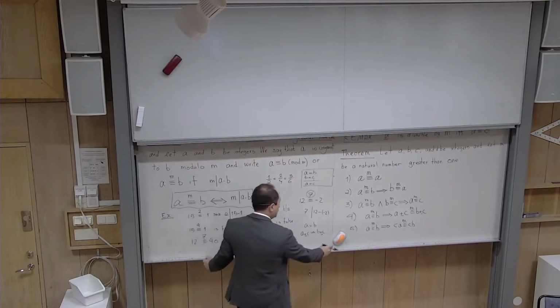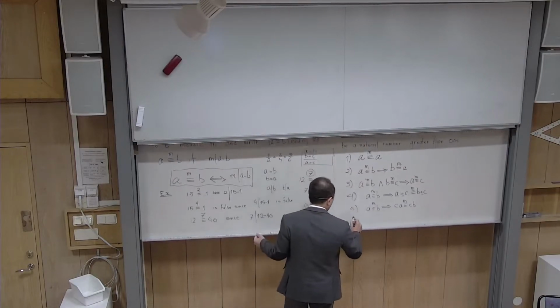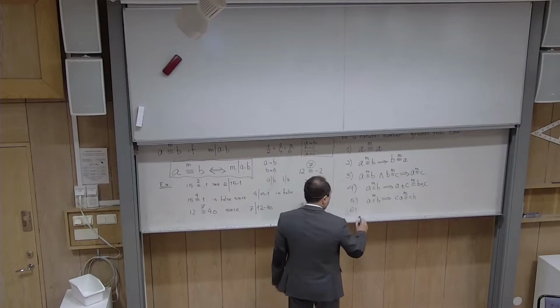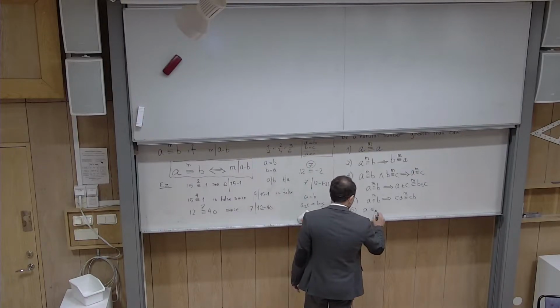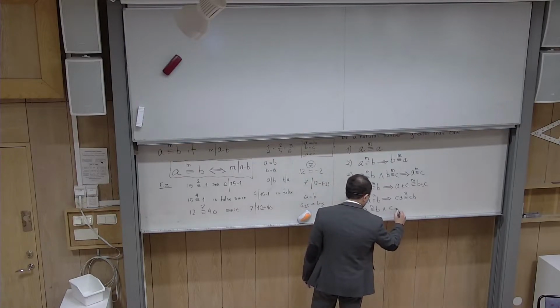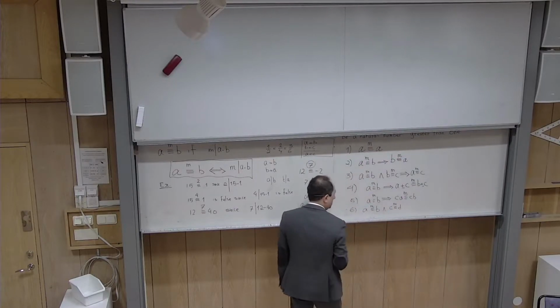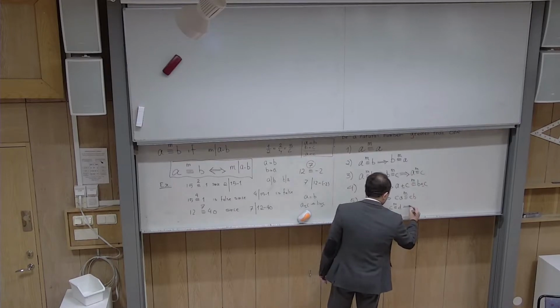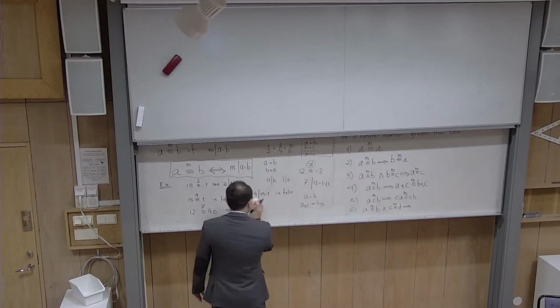So number 6, let me just expand this list a little bit. Number 6, if I have A congruent to B modulo M and C is also congruent to, say, D, the same modulo. Do you remember, if I have this, what can I write, for example?